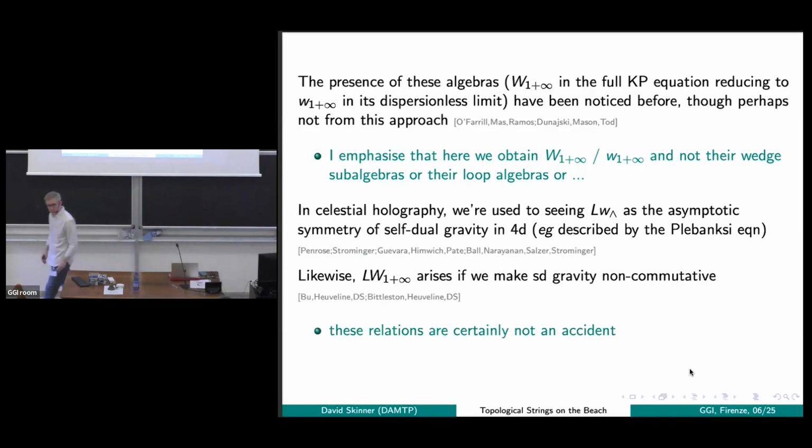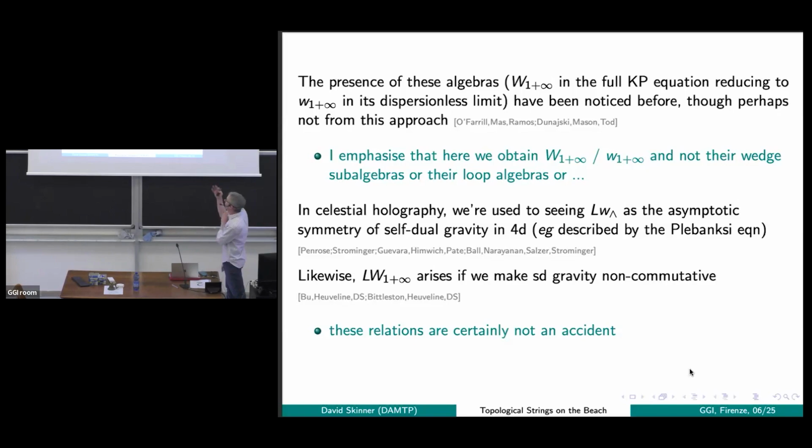Now, of course, that's reminiscent, very similar to things we know in celestial holography. In celestial holography, we get the loop algebra of the wedge subalgebra of little W1 plus infinity as the asymptotic symmetry of self-dual gravity in 4 dimensions. And similarly, we could get the loop algebra of capital W1 plus infinity if we make that self-dual gravity non-commutative, if we do a sort of Moyal deformation of the Poisson bracket that appears in, for example, the Plebanski equations.